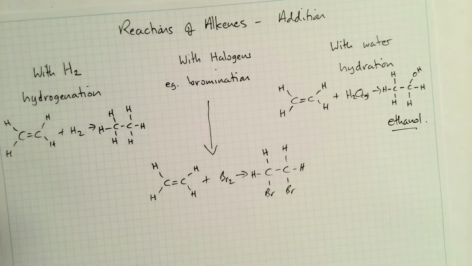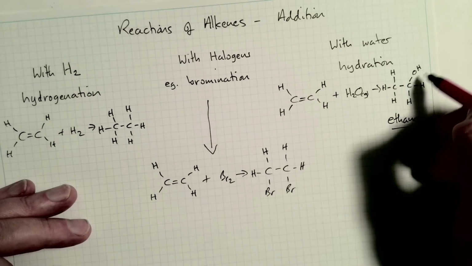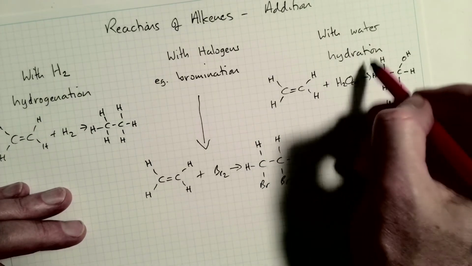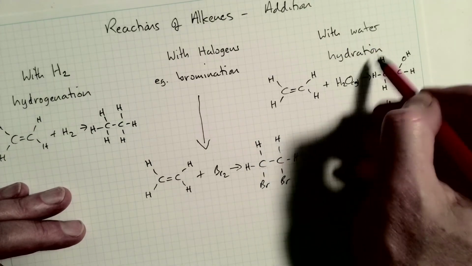Methanol is going to be the first of our alcohols that we're going to look at, but ethanol is the second of the alcohols. The functional group is the hydroxyl group up here, and this reaction, this addition reaction, is a hydration addition reaction.